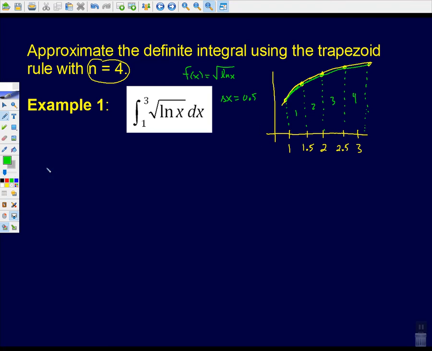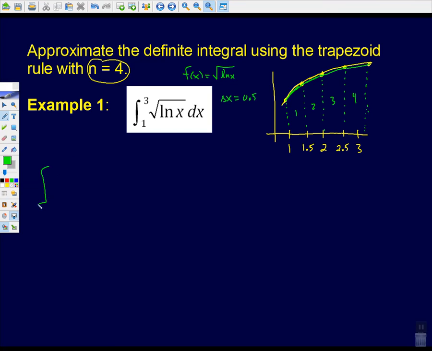So all we have to do now is use the area of a trapezoid method and find the areas of the 4 trapezoids. We could make a table if we would like, or I can just translate using the name of the function what I'm going to be doing, and then I'm going to be doing most of the calculation on the calculator.